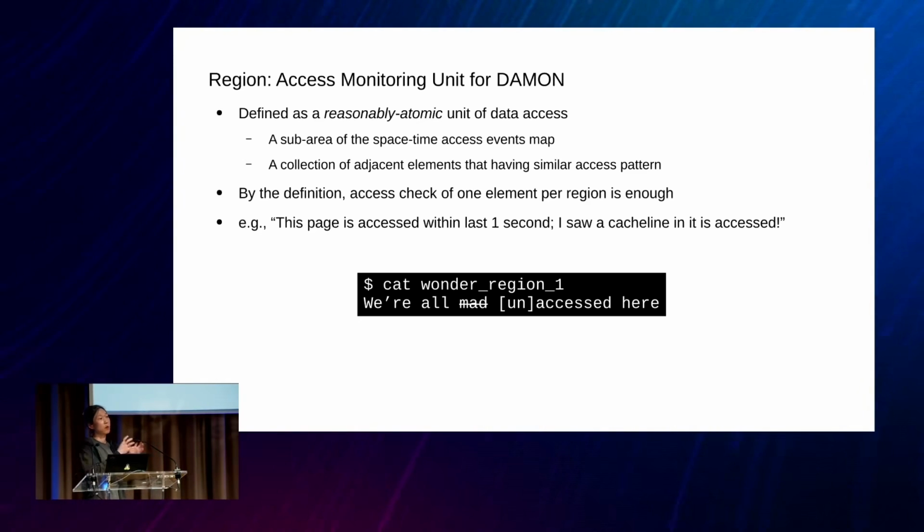That is, it is a collection of adjacent elements in the space-time access map having similar access pattern or similar access frequency. By this definition, if we can check access to any of the entities inside a given region, then we don't need to check the access of the other elements of the region. Like we can say that this page has access because we have seen access to a cache line in the page.